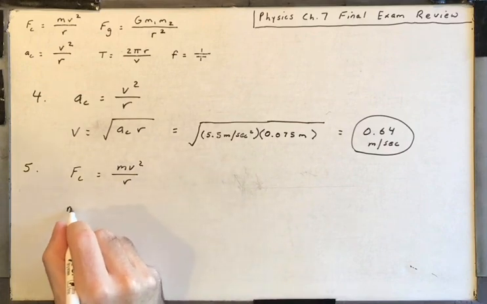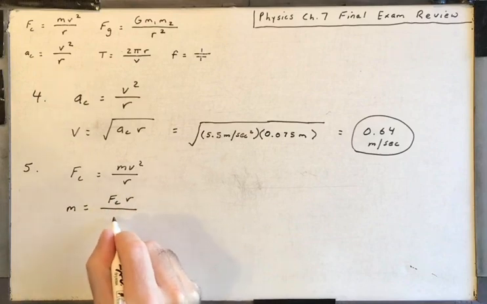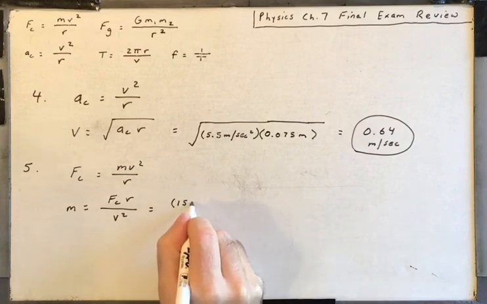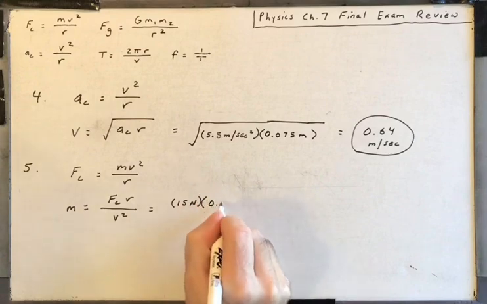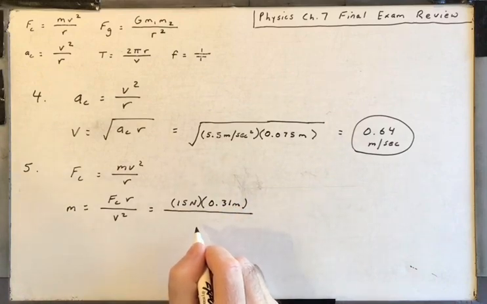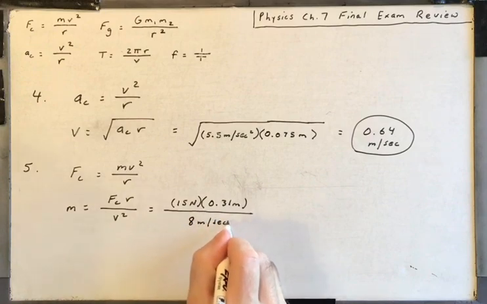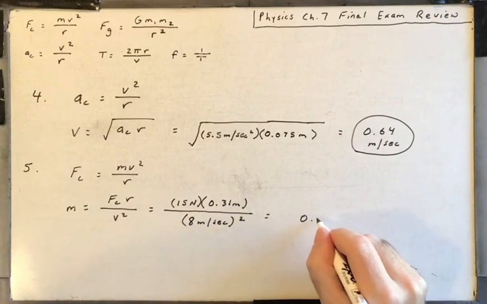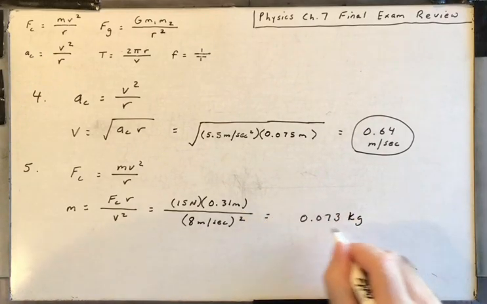Okay, so if we want to know the mass, that's going to be F sub c times r over v squared. So F sub c in this problem is 15 newtons. The radius is 0.31 meters. Don't even have to do a conversion there. And the velocity is 8 meters per second. Don't forget to square that. And your calculator will tell you 0.073. And since we're in meters, it's going to be kilograms and not slugs.